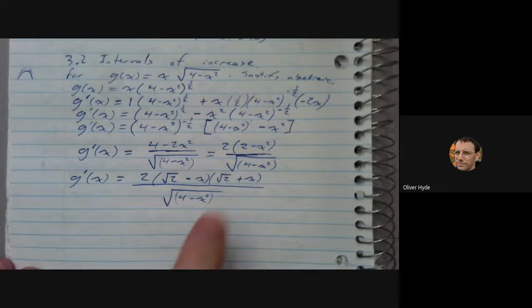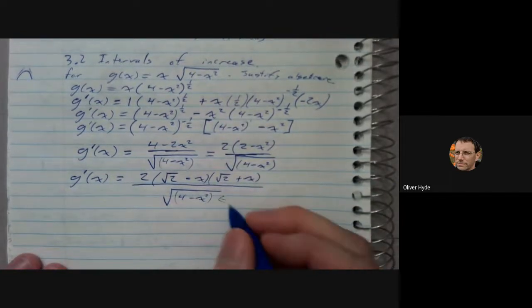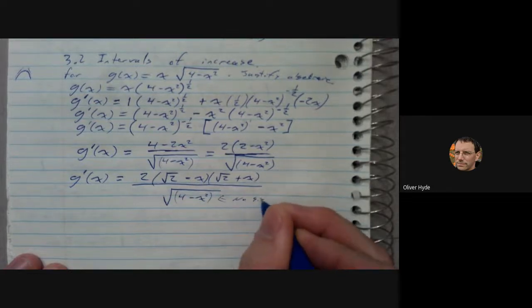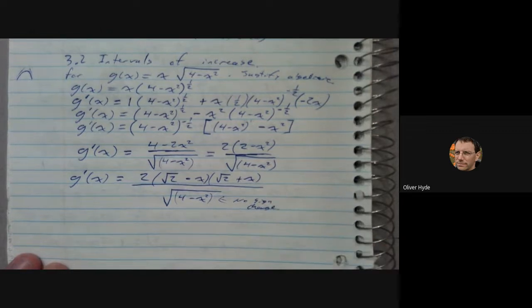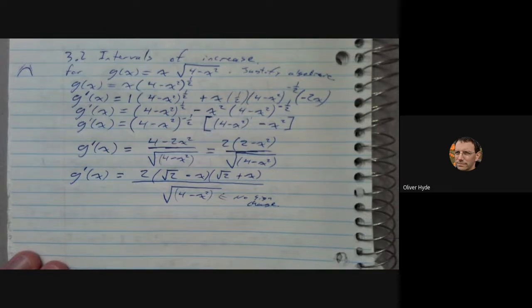So now I am going to justify my chart here. When I look at this, I say that this thing with a square root experiences no sign change. It may be neutral when x is equal to 2, but it does not experience a sign change.